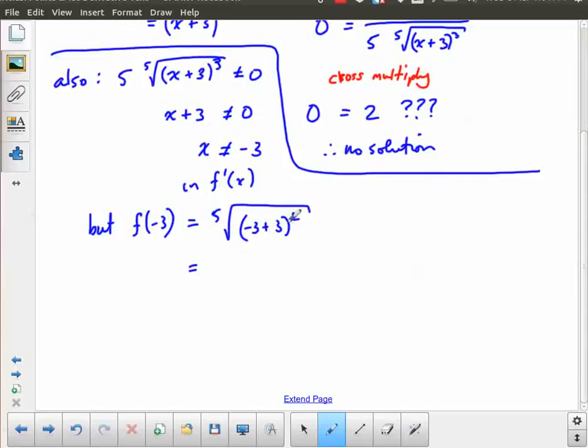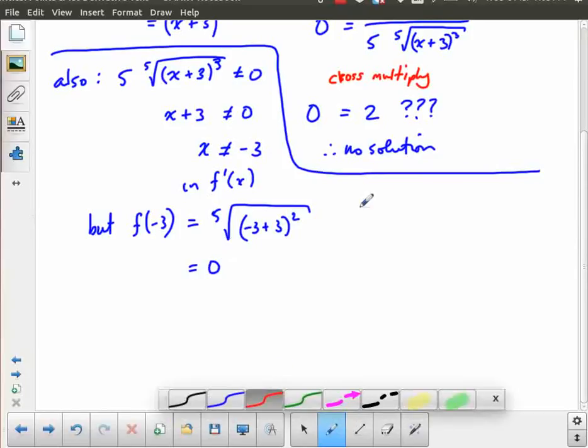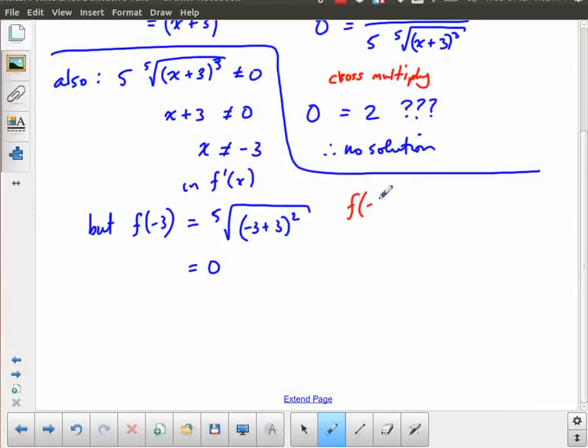Negative 3 plus 3 is 0. 0 squared is 0, and the fifth root of 0 is 0. So what this means is that f of negative 3 exists. f prime of negative 3 does not exist.